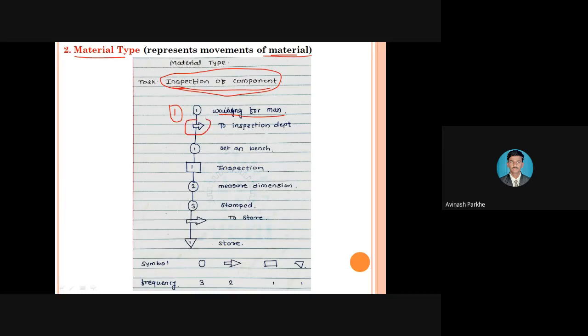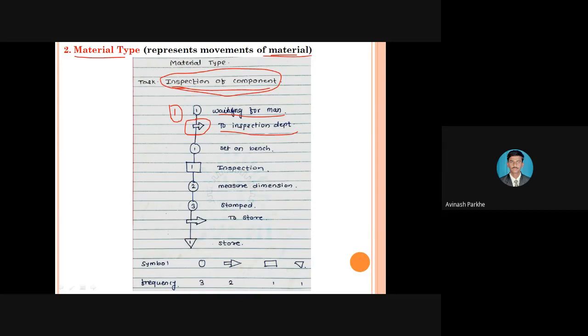Then second, transportation. What does it indicate? To the inspection department. It means here the movement of the material is taking place. From one location to the inspection department, your material starts moving. The second symbol is represented by transportation.